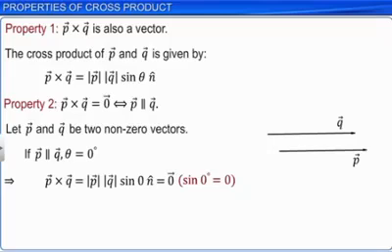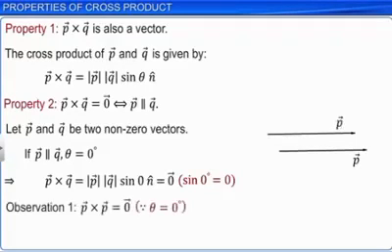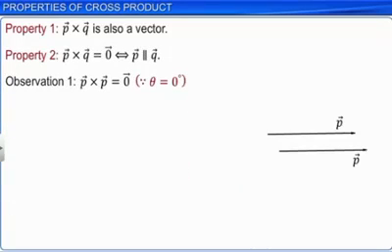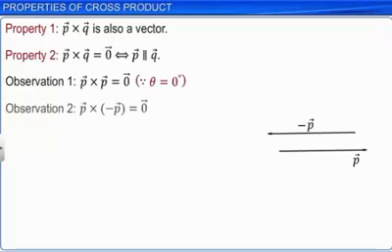Since every vector is parallel to itself, the cross product of a vector with itself is a zero vector. Also, the negative of a vector makes an angle of 180 degrees with the given vector. Since sine 180 is also 0, the cross product of a vector with its negative vector is also a zero vector.